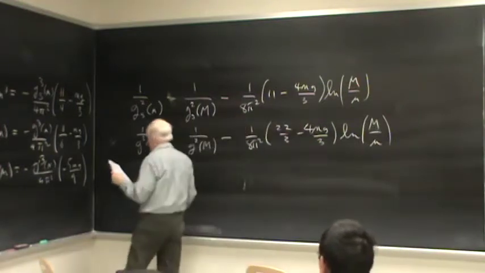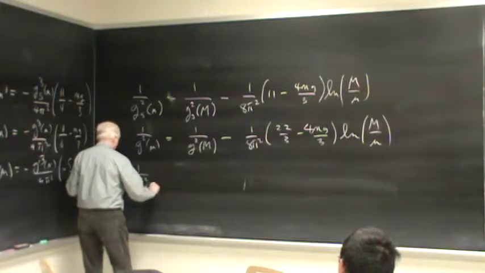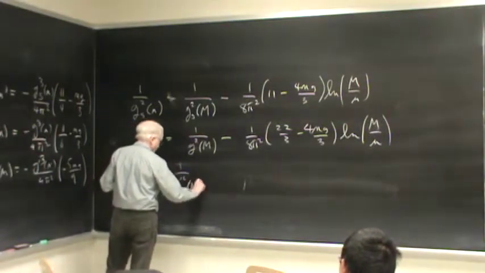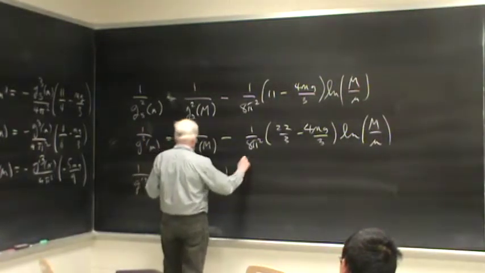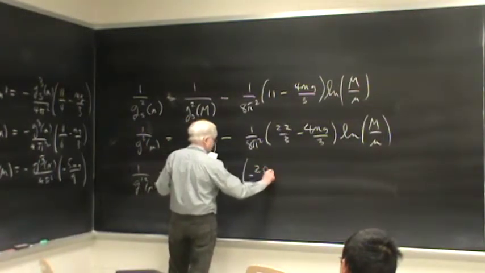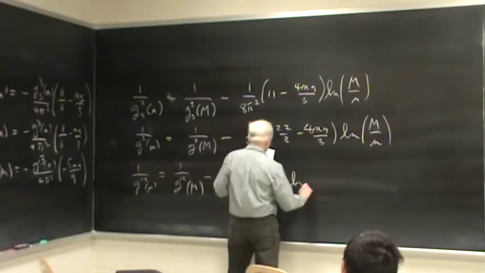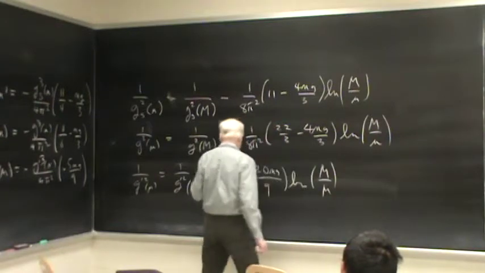And then finally, 1 over g prime squared of mu is 1 over g prime squared of M minus 1 over 8 pi squared times minus 20 times the number of generations over 9, log M over mu. Okay, so you get these three.